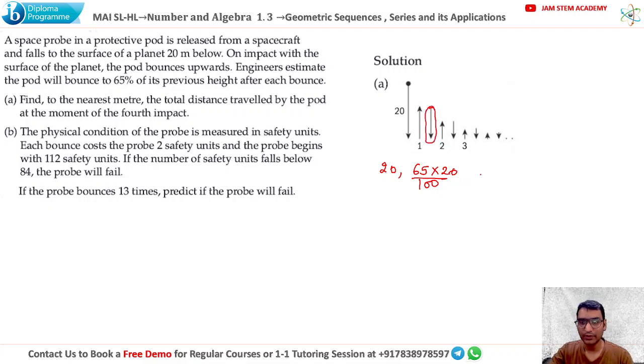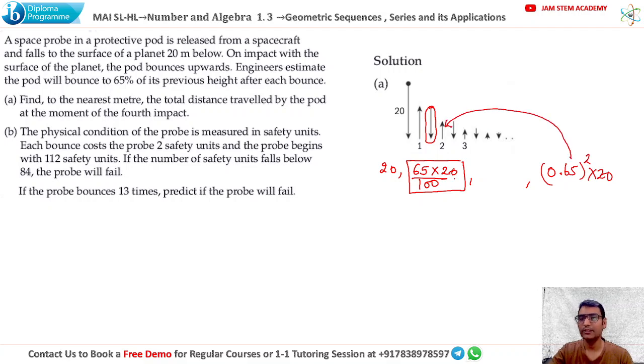And for the next one, what will be the value? After that it covers 65% of this value. It means 0.65 whole squared. Can I write it 0.65 whole squared times 20 for this part? Yes, this height is 0.65 whole squared times 20. So can you see, I started with 20, then 0.65 times 20, then 0.65 whole squared times 20.